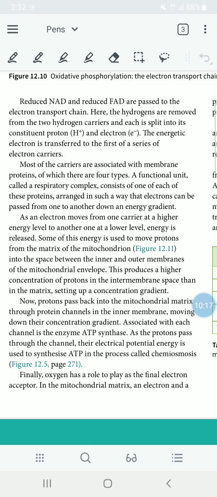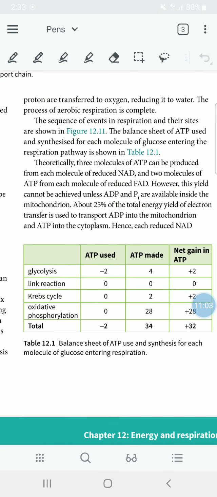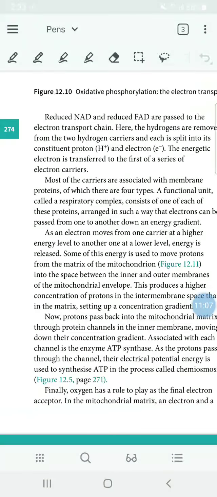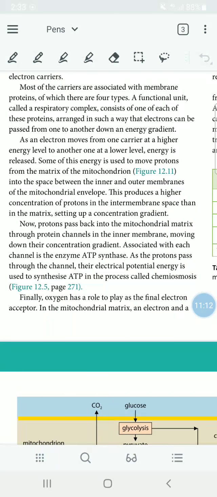When they diffuse, they pass through ATP synthase, and ATP synthase will result in chemiosmosis taking place. In this stage, ATP is produced.